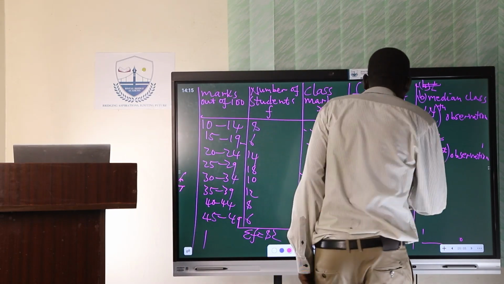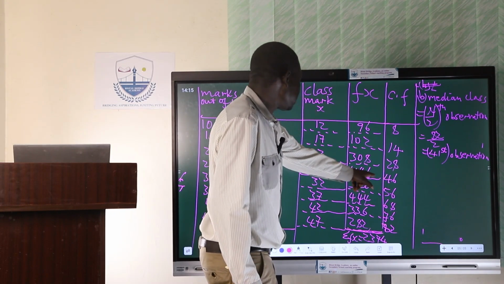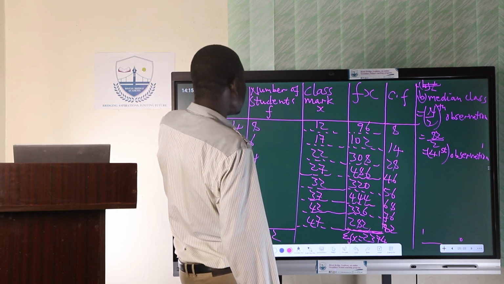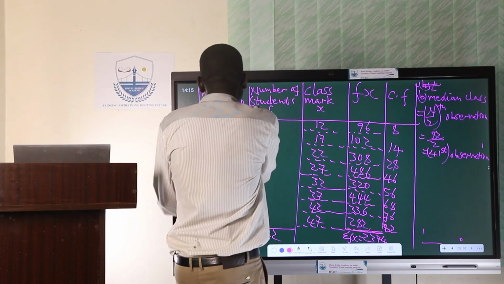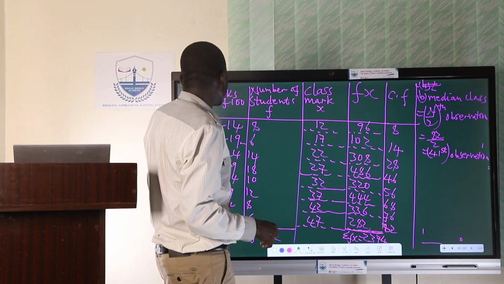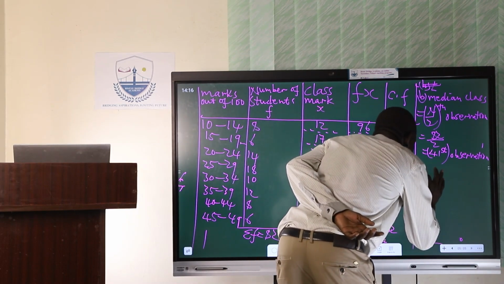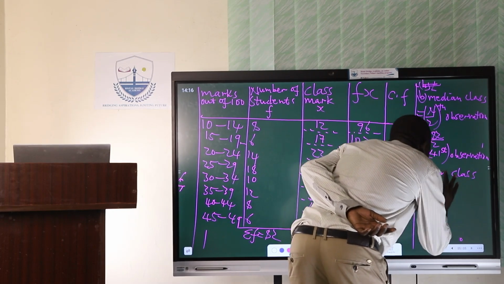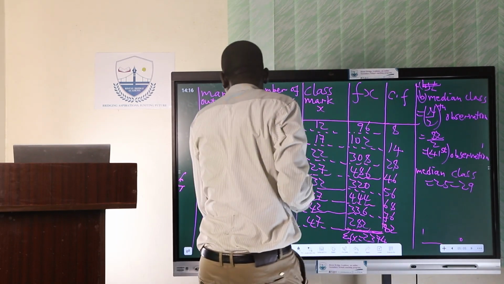Now, for 46, you move your eyes to the left. 46 corresponds with the class of 25 to 29. So 25 to 29 is the median class. So median class is equal to 25 to 29. The same as the modal class.